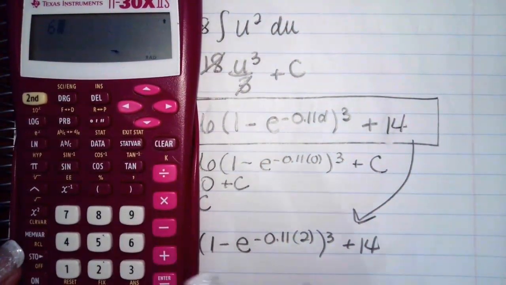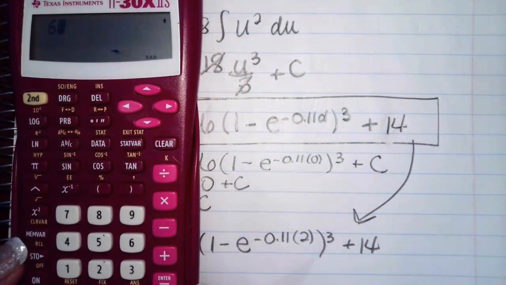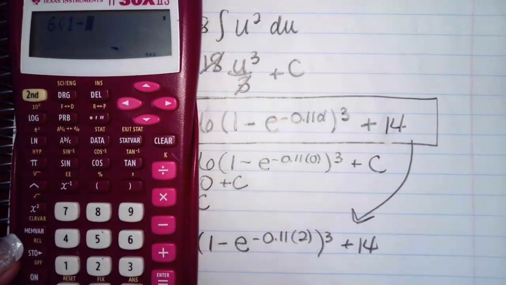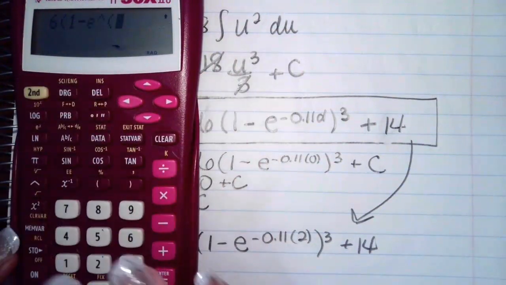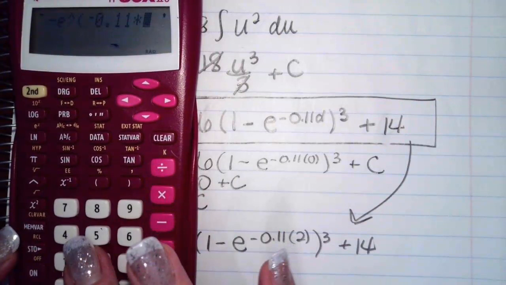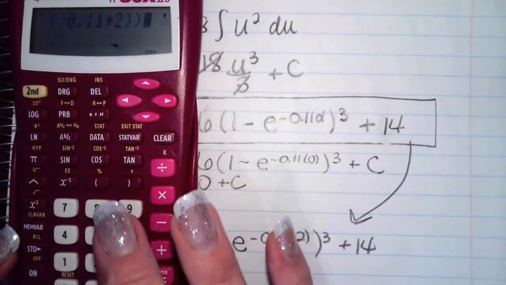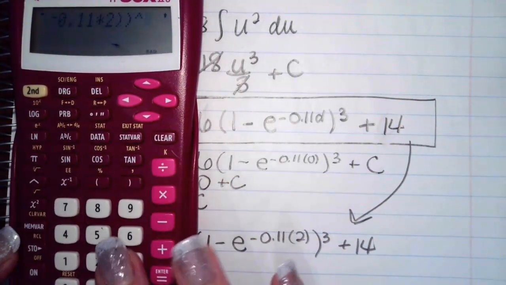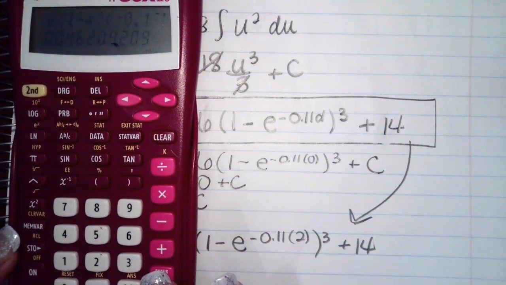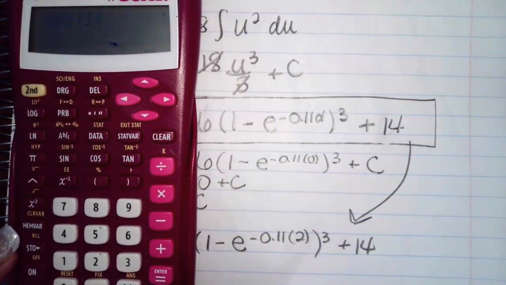So I have 6 times 1 minus e to the negative 0.11 times 2. And then we're going to cube that. And then we're going to add 14.